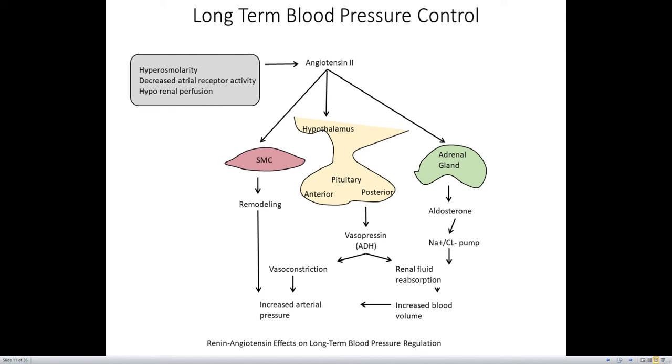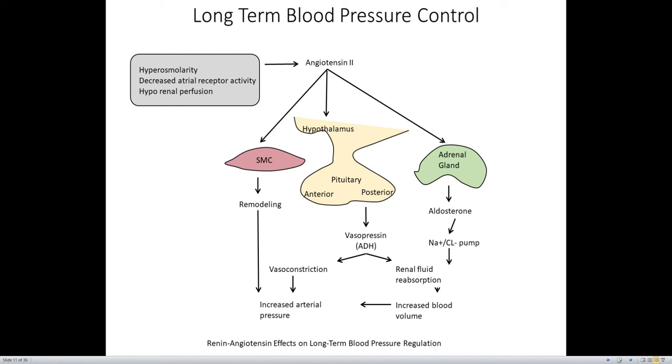And then that angiotensin 1 is going to be transferred to the lungs through the bloodstream. And in the lungs, angiotensin 1 will be cleaved to angiotensin 2 by what we call ACE. So I'm sure you guys have heard of ACE inhibitors before. Angiotensin converting enzyme is ACE, and that cleaves angiotensin 1 to angiotensin 2.